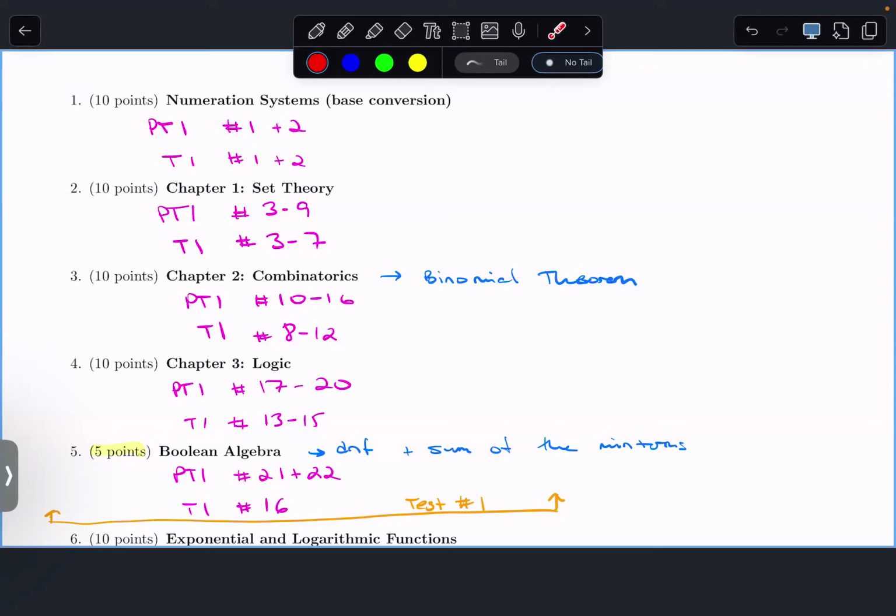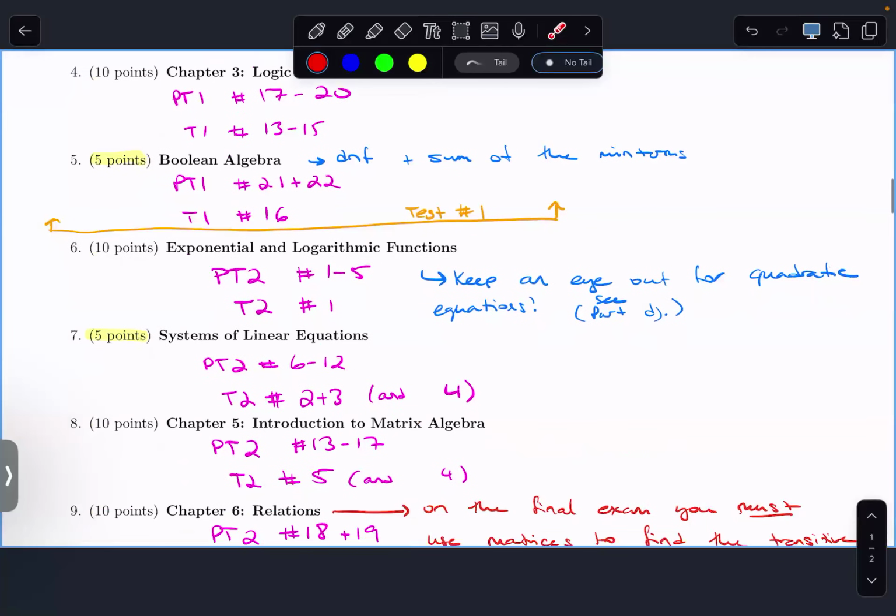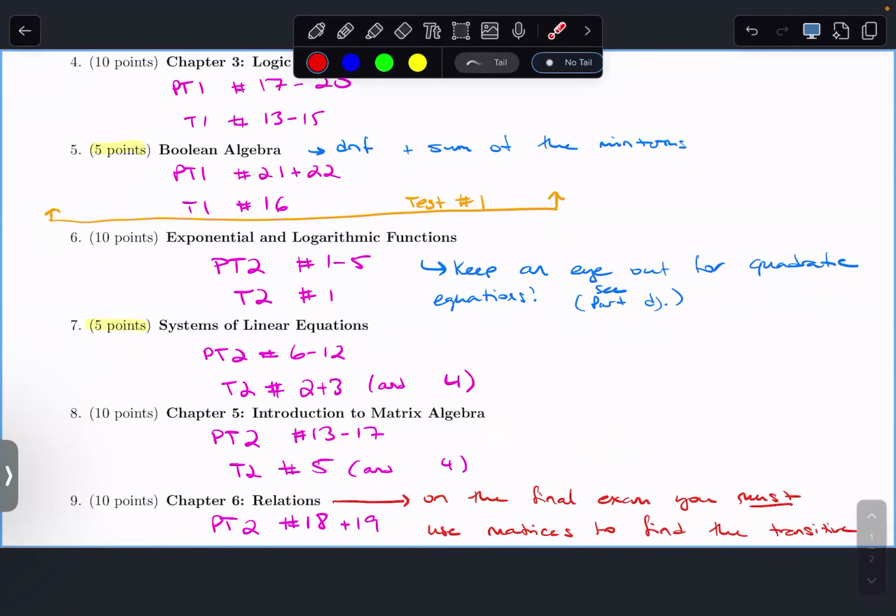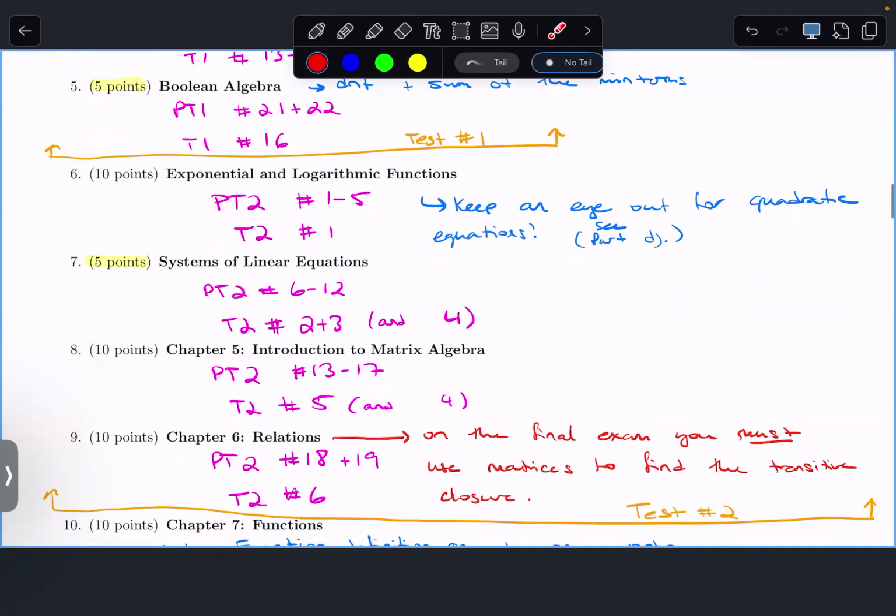Matrix algebra, the one where you're taking row 3 times something row 5. Yeah. So for the matrix algebra, I will make you find the inverse of a 3x3 matrix again. What else can I make you do?